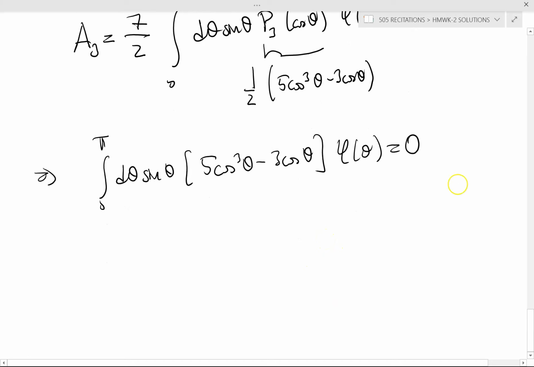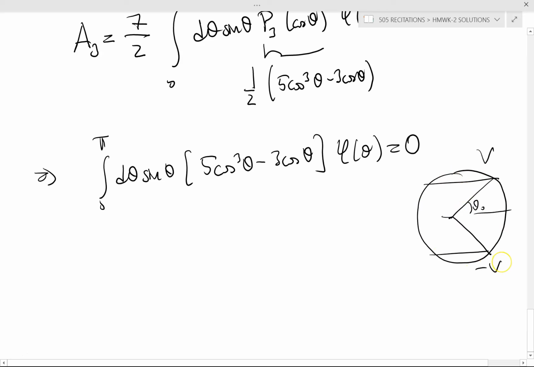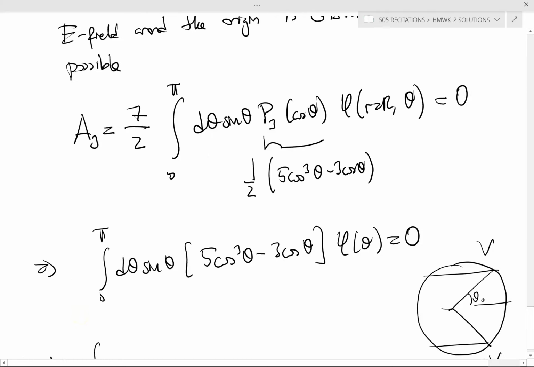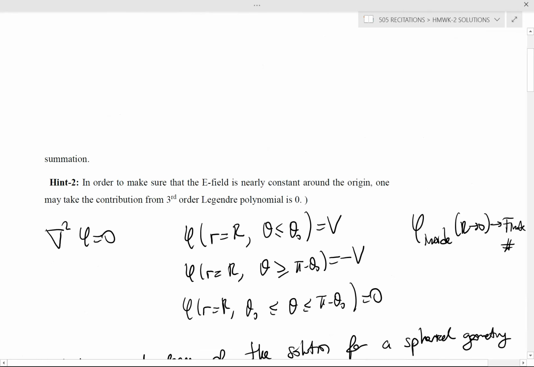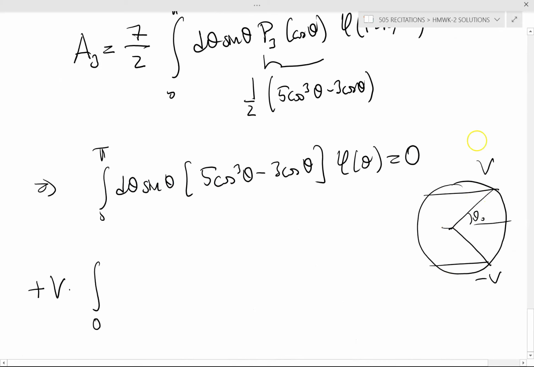Okay, let's remember the geometry again. Theta 0, plus V, minus V. What was the definition of theta 0? Let me check it again. Yeah, I have written it down wrongly. Let me correct it.